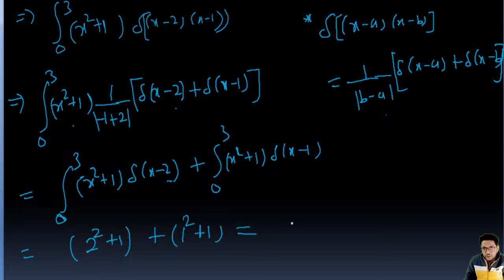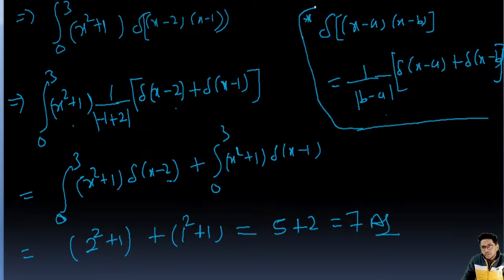And this value is 5 plus 2, that is 7. This is the answer. So this property we have used, guys, very important one. Practice questions to remember, so that these formulas will be at your fingertips.